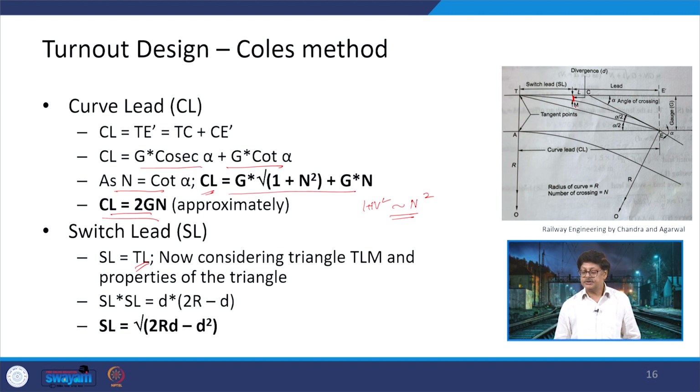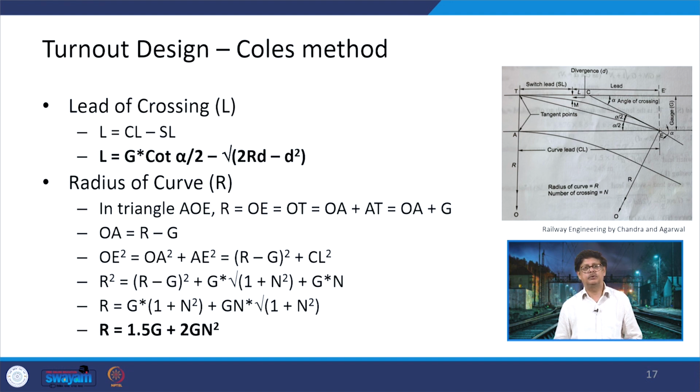When we are considering this triangle TLM, LM is small d, and we go with the angles. On the basis of the geometry of the triangle, SL into SL is equal to D into 2R minus D, and finally, SL is nothing but under root of the difference between 2RD and D square. So, this is another equation which we will be using for calculations.